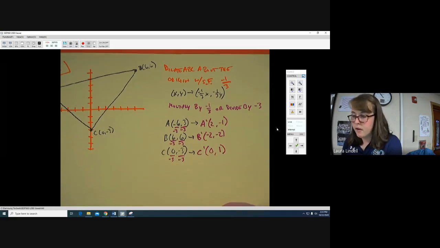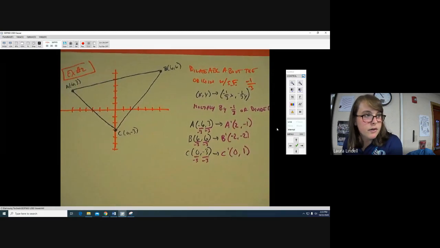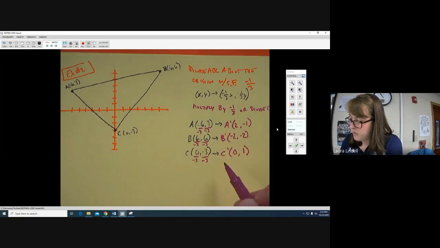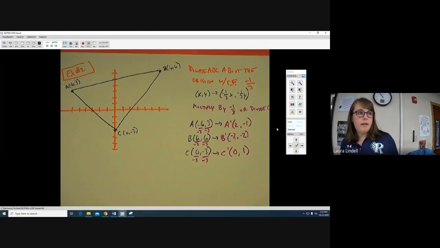Okay. So then, all we have to do is plot those points. So A prime is 2, -1. Yes, it flips the shape. Nice, Philip. Anytime you have your scale factor being negative, it flips the shape over, specifically reflects it over the x-axis.